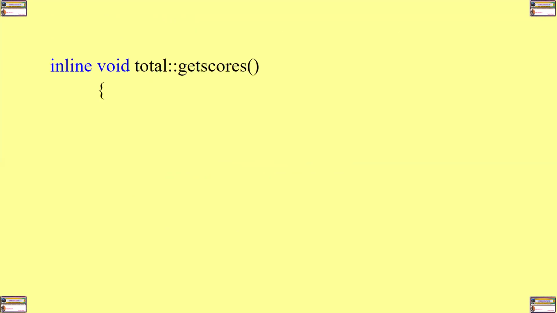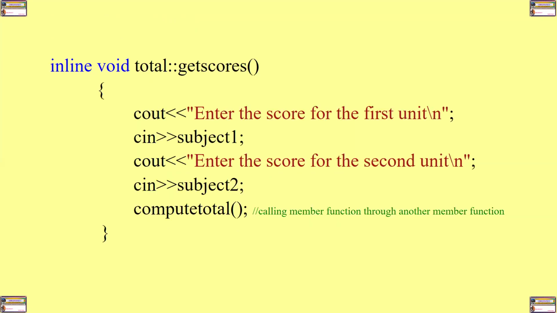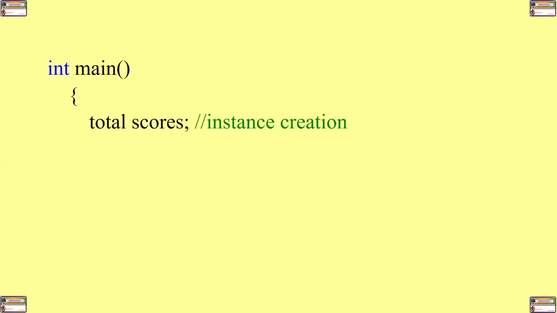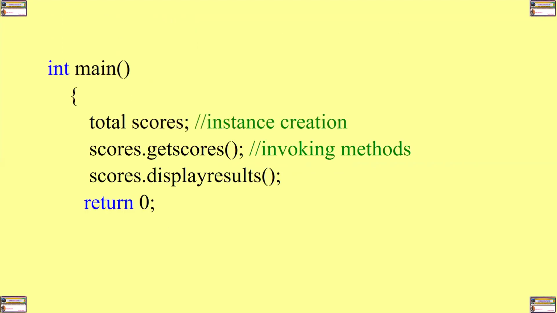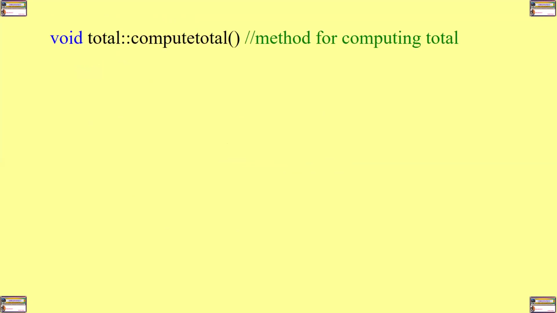So where is it? It is after the main function. So the compiler will look for it. Here it is. Because the compiler has already been told that this function is in place, or it has been prototyped under the class, the compiler will come here.